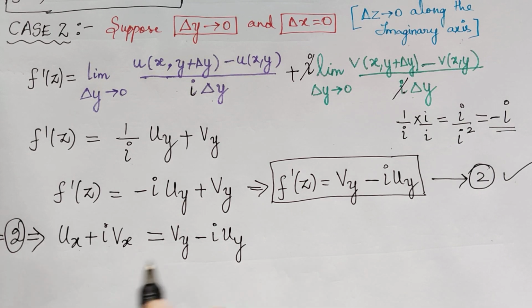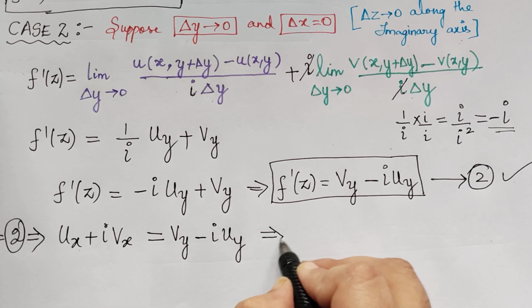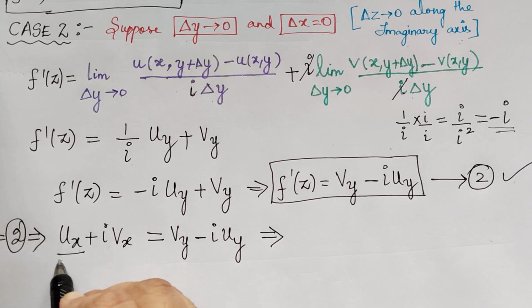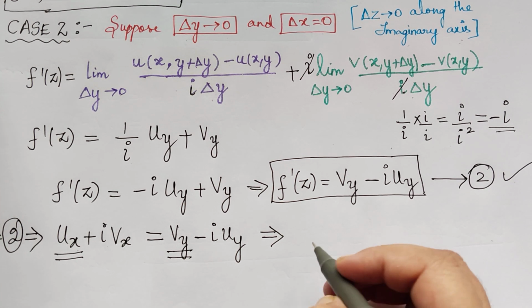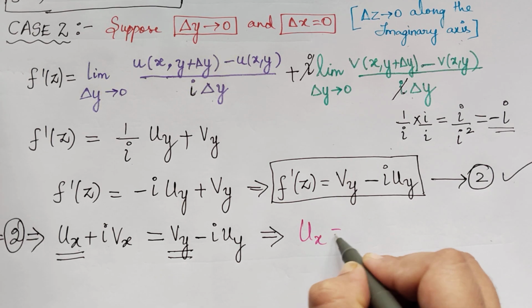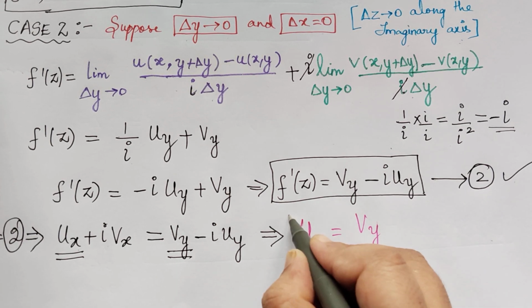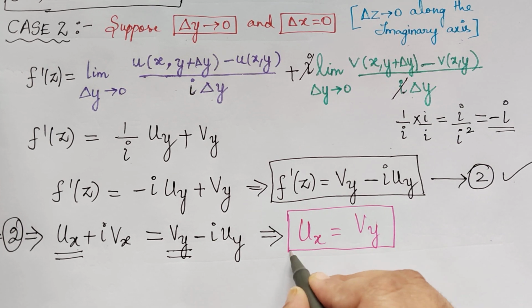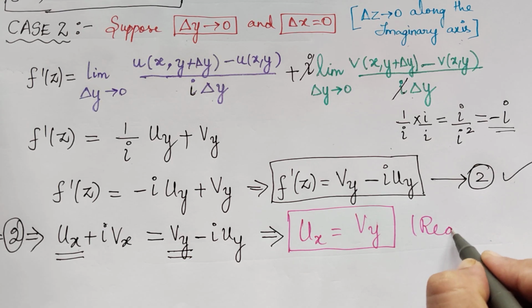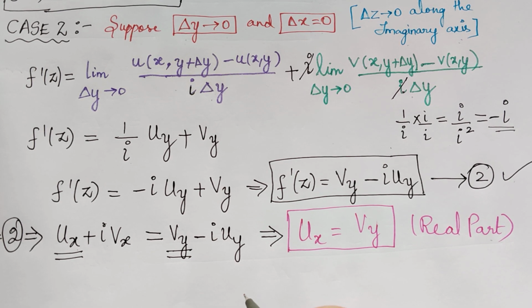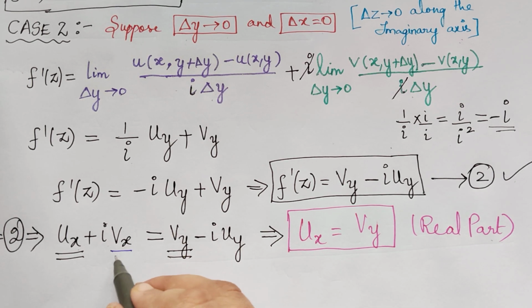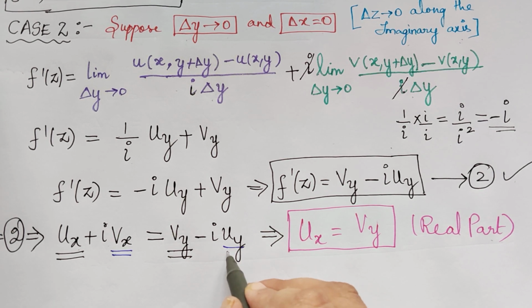So on comparing on both the sides, from the real part, we see that ux is equal to vy, equating the real part. So ux is equal to vy. While comparing the real part, we obtain this. And comparing the imaginary part, here is the imaginary part vx and uy.